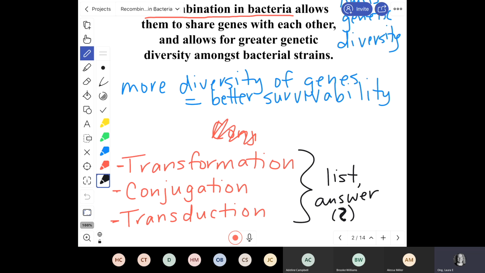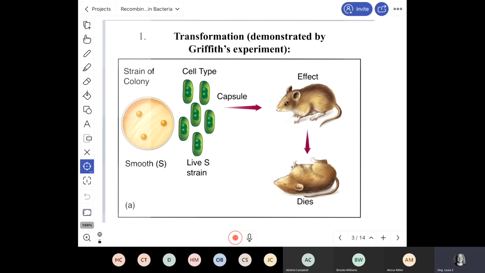Answer questions about them. So the A part of the question is going to be list the three styles. And you would write these three words, ideally. And then that becomes your word bank to answer questions about details of these three styles. And that's why I wanted to get straight into this today.